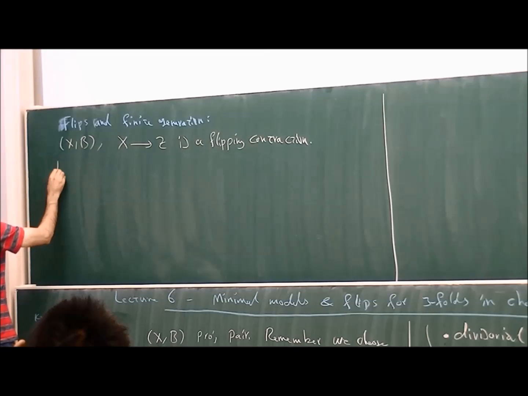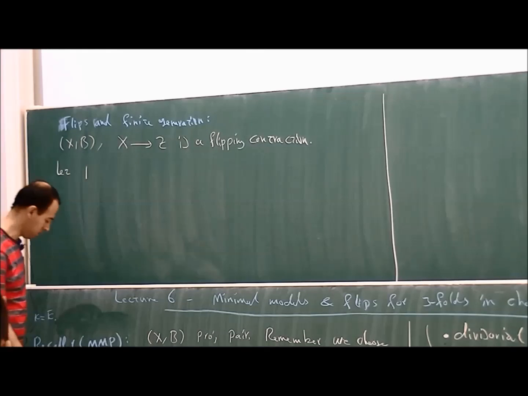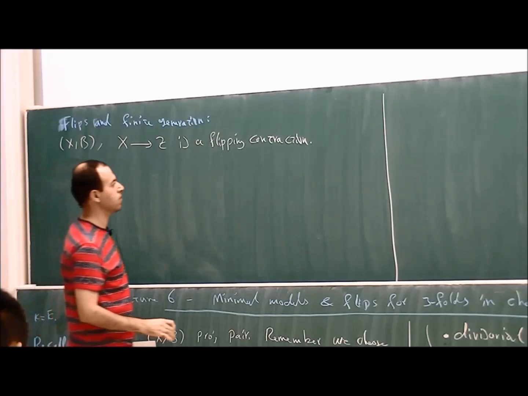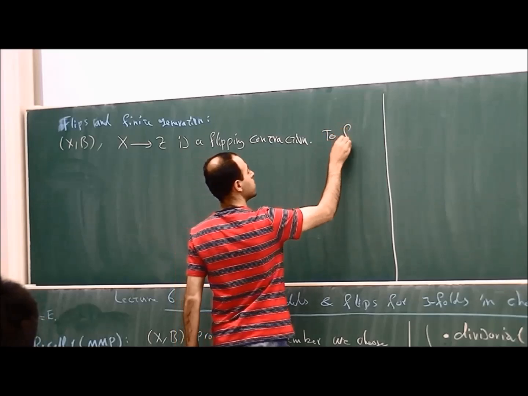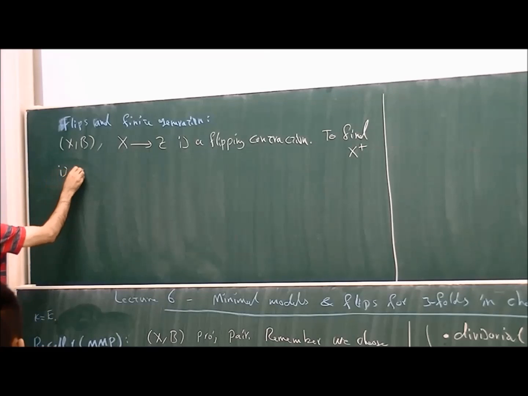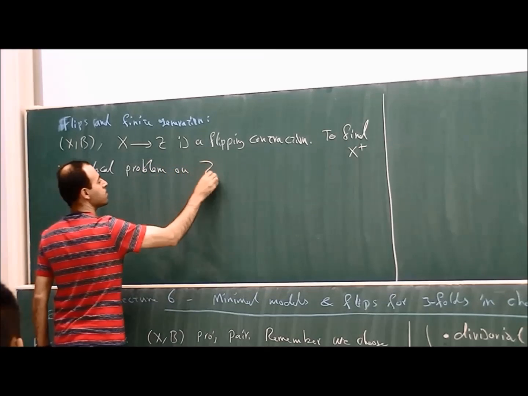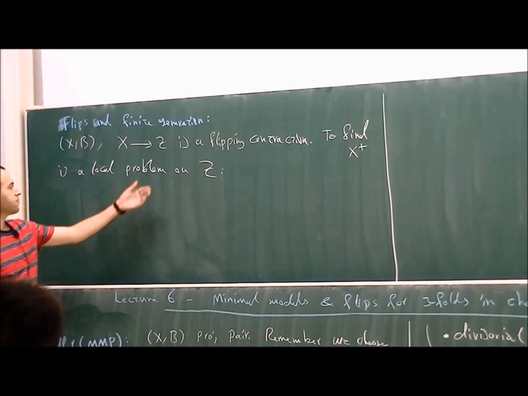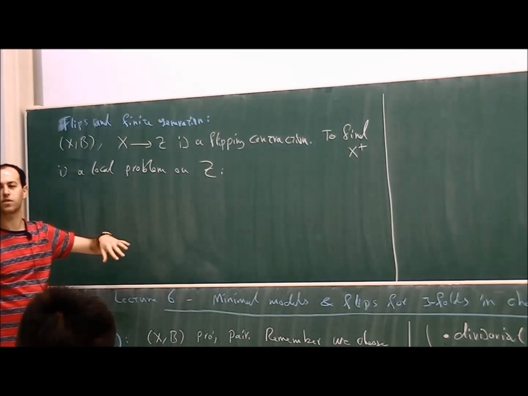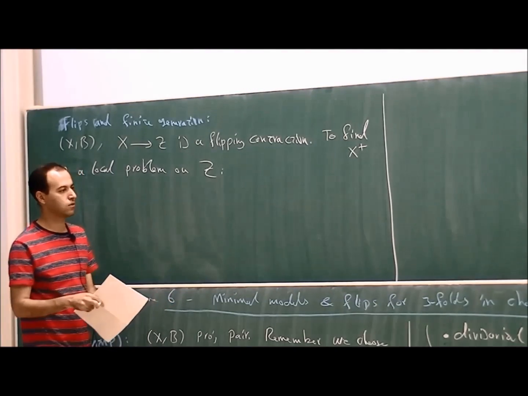Then I can define this object. So one thing to remark is that to find the flip, to construct the flip, is a completely local problem on Z. Find X plus is a local problem on Z. So in other words, you can write your Z as a union of maybe finitely many open sets, and then if over each of these open sets you find X plus, then you can glue them all together.